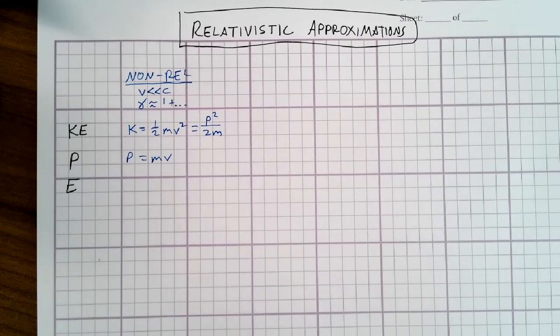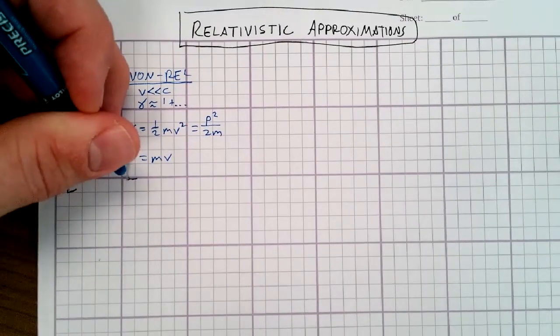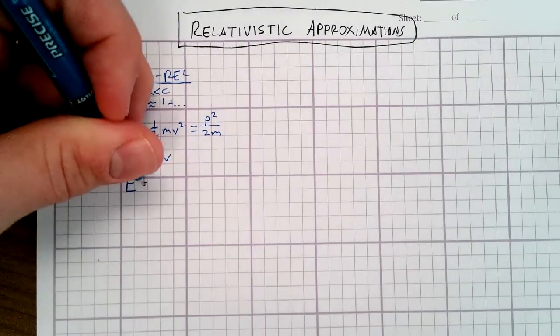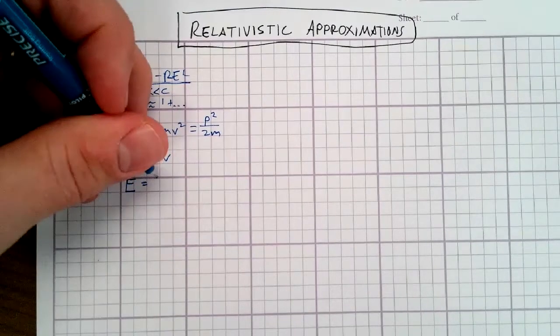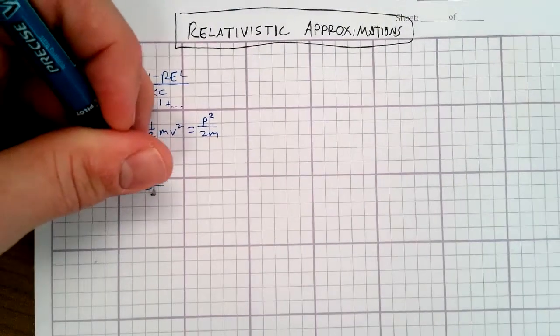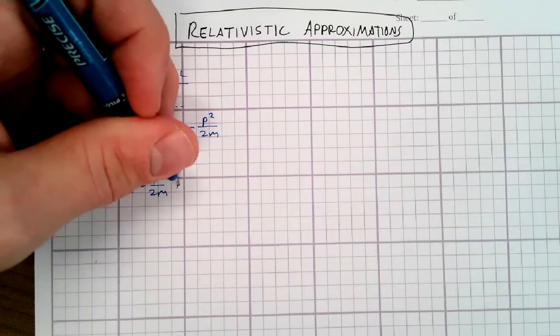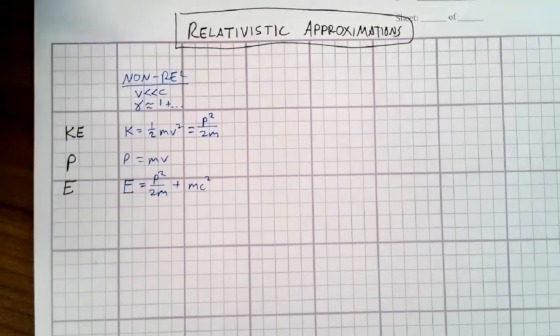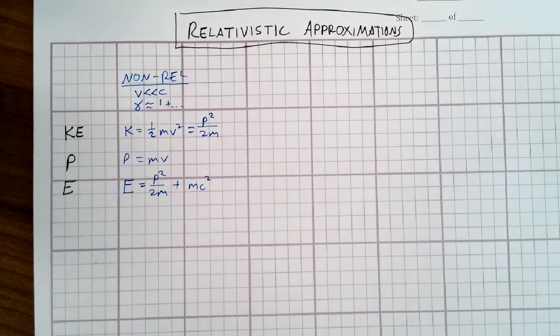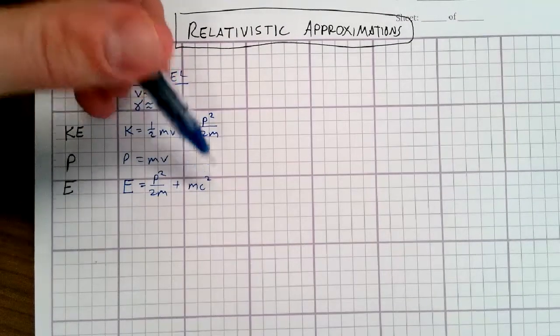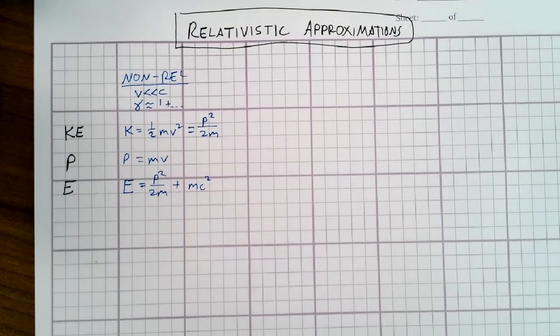So here in a moment, I'm going to be adding an mc squared mass term. And that's almost like a potential energy. It's the energy that I have just by virtue of having mass. So I'm going to write my total energy as my kinetic energy, p squared over 2m, which is the form that I like, plus mc squared. And we'll talk about this mass as kind of like being our potential energy term.